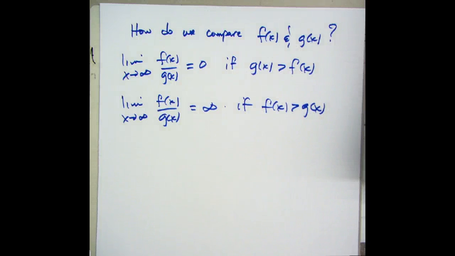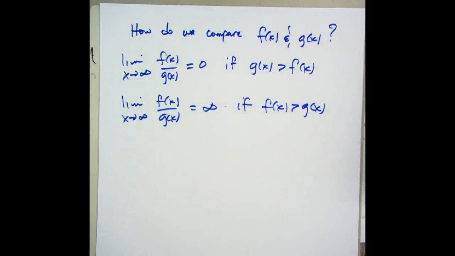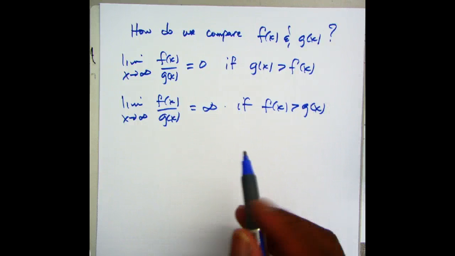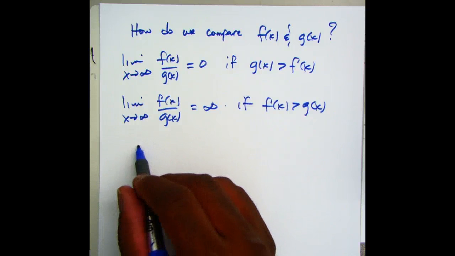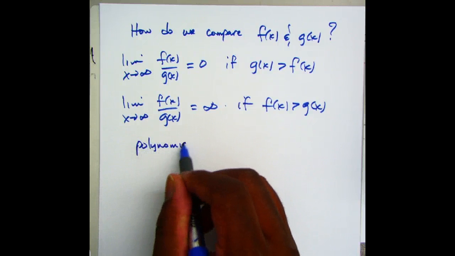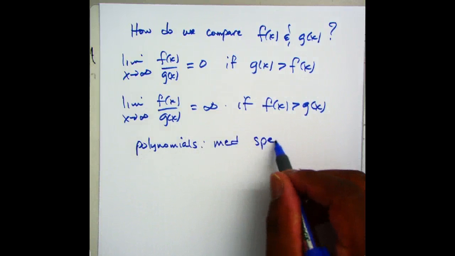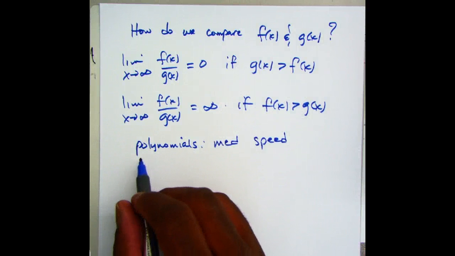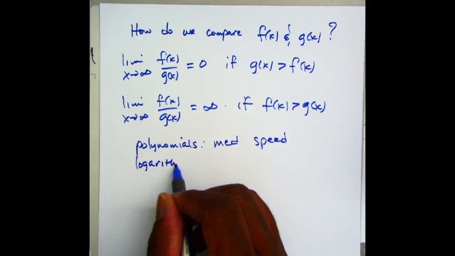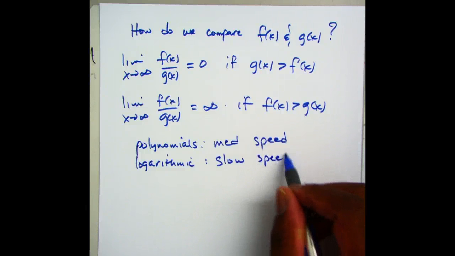All right, so let's take a look at an example. I'm going to use that concept. By the way, here the growth rate or growth speed for your functions: polynomials kind of grow at a medium speed. Logarithmic is slow speed.